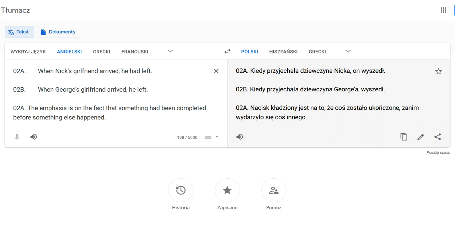Okay? Nacisk kładziony jest na to, że coś zostało ukończone, zanim wydarzyło się coś innego.